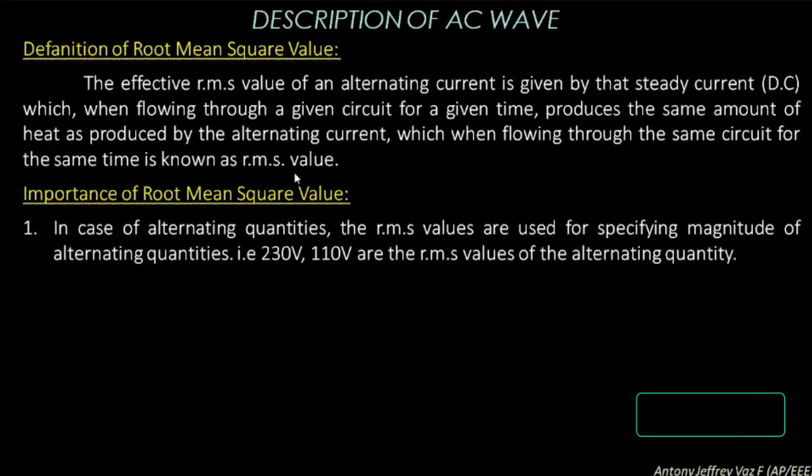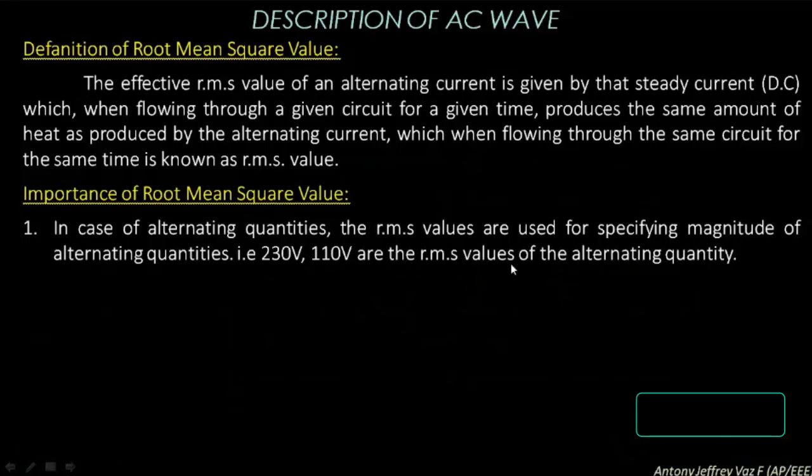Importance of root mean square value. In the case of alternating quantities, the RMS values are used for specifying the magnitude of alternating quantities, that is 230 volt, 110 volt, or the RMS value of an alternating current.